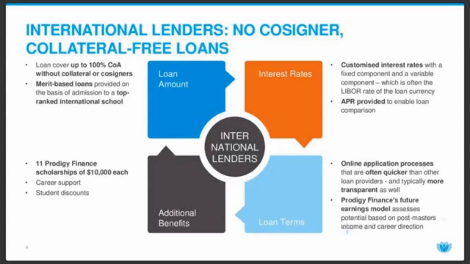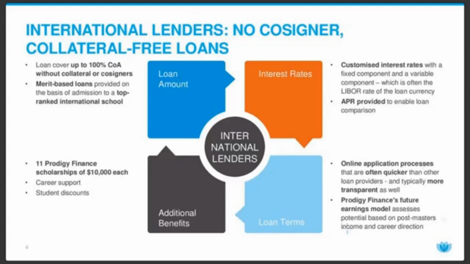So it's all future-based. Never mind that you don't have an income or you're still a student, the fact that you will in 2+ years be graduating from a top 100 school in the US means your income will be at X level and you will be able to comfortably repay a loan. And that's how the earnings model takes into consideration the fact that you can have a no collateral, no cosigner loan.